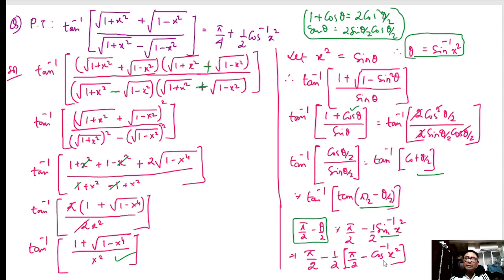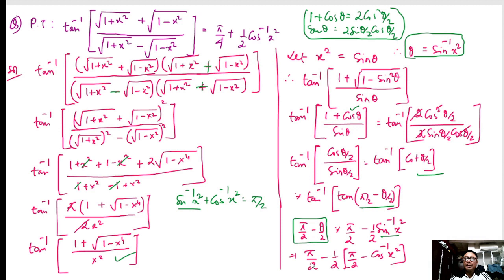Pi by 2 minus cos inverse x square. Why? Because sine inverse x plus cos inverse x is pi by 2. So sine inverse x will be pi by 2 minus cos inverse x. So sine inverse x square will be pi by 2 minus cos inverse x square.